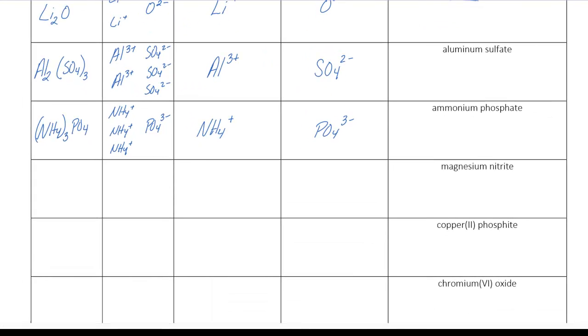In number 4, magnesium nitrite, magnesium has a +2 charge due to the periodic table location. Nitrite is one of the polyatomics that we need to memorize. The ratio will need to be 1 magnesium for every 2 nitrite ions.